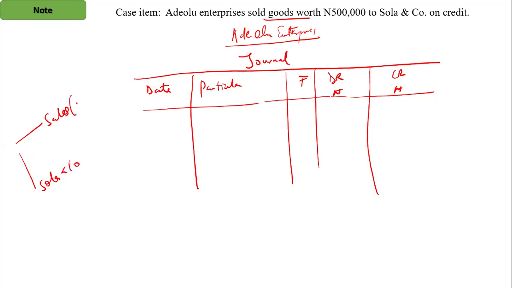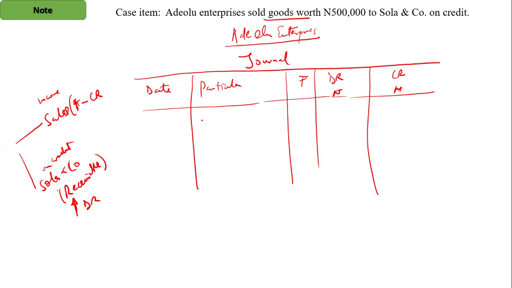Sales is an income. And when an income increases, the rule says credit. While Ishola and Co, that we sold to on credit, is a receivable. When the receivable increases, what does the rule say we do? We debit.